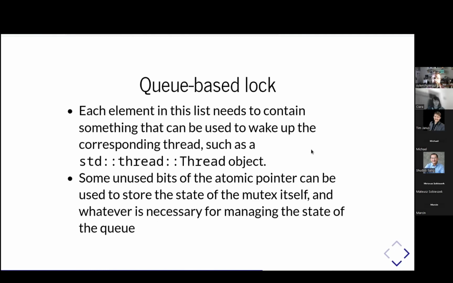We need a standard thread handle to be able to wake it up. And then we could use unused bits of the atomic pointer to store the state of the mutex itself.